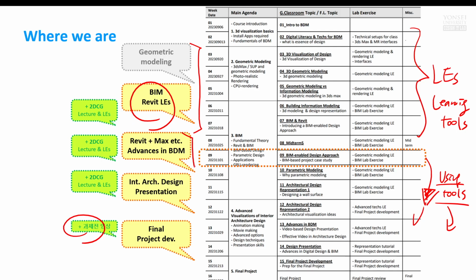Now we're going to learn something advanced in Revit plus 3D Max geometric modeling comparison, renderers, visualizations, some BIM enabled design approaches, and then interior architectural design representation and presentation using your project. Okay, then go to the final. Winter, Christmas is coming. Hopefully the rest of the semester you can enjoy more. Okay, trust me, you can do that. Okay, let's move on.